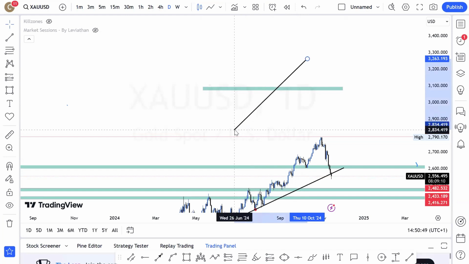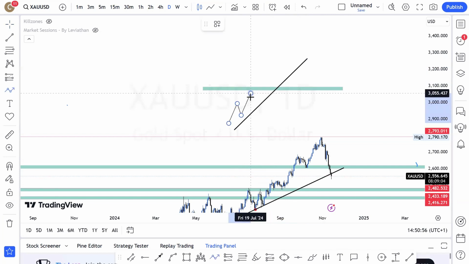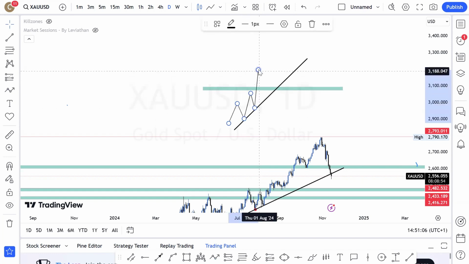So let's say the market has actually been bullish, right? Market has actually been bullish, going up like this, and eventually we saw it take out this level, right? It closed above this resistance zone and started going up.